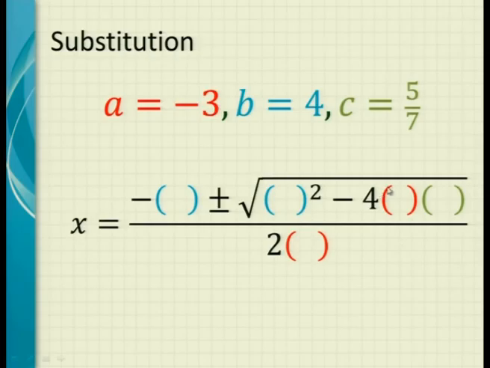Instead of the 4AC, we will put the brackets for the A and the C. And at the bottom, instead of 2A, we will put 2 and brackets with the value of A. I'm sure you will find this easy to do yourself. If you want to, you can pause quickly and fill it in and see if you can get this.